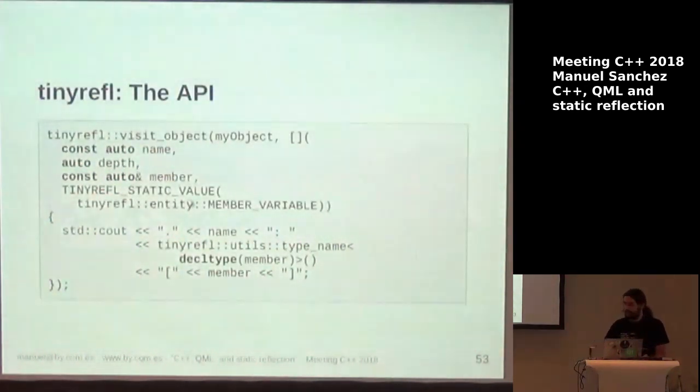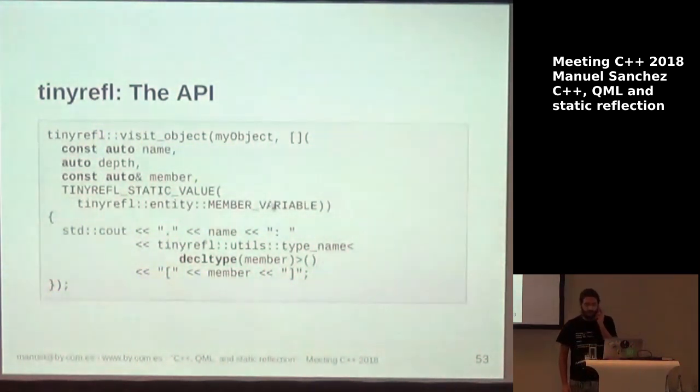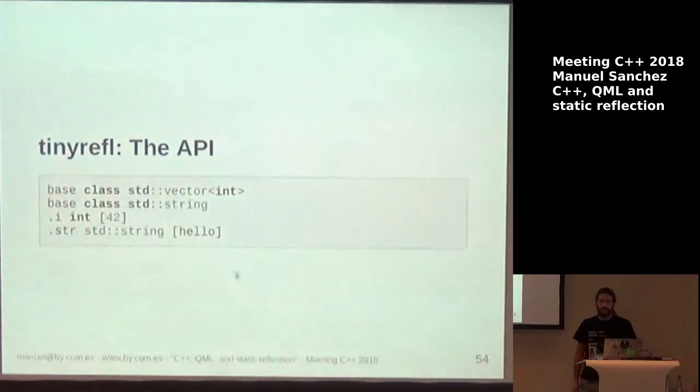The same applies to objects. You can visit an object and say, I only want member variables. And you tell statically with that enumeration that what you want to get from the object are only member variables. So the third argument is a reference to each one of the member variables of the object. So you can directly print the name, the type of the member, and then the value of the member, and it gives something like this.